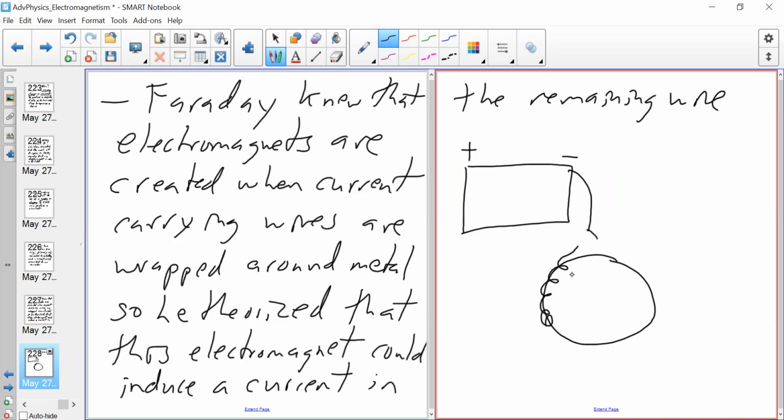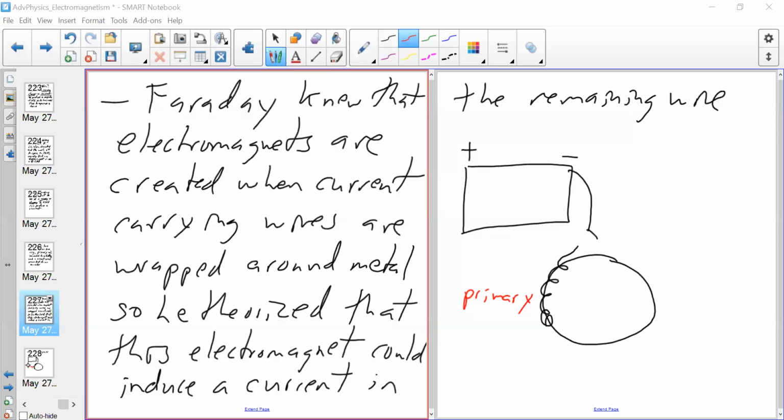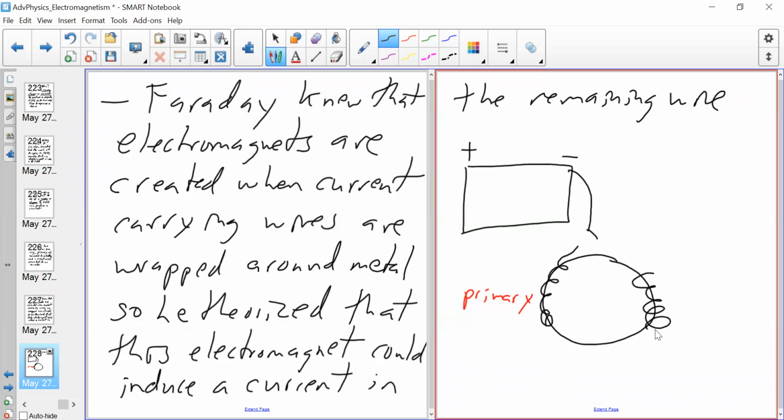So this here would be the primary coil I was talking about. And then we have a secondary coil wrapped around here, and then this is going to be connected to an ammeter. So this ammeter, measuring current.